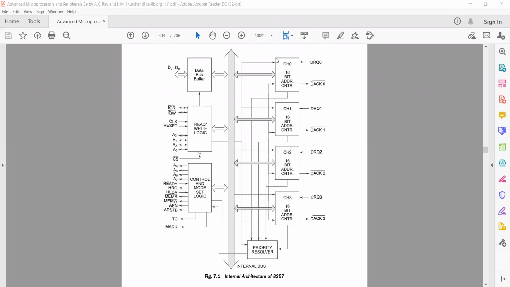We will discuss each and every block in detail. Before that, let me explain what all the blocks are that are present here.